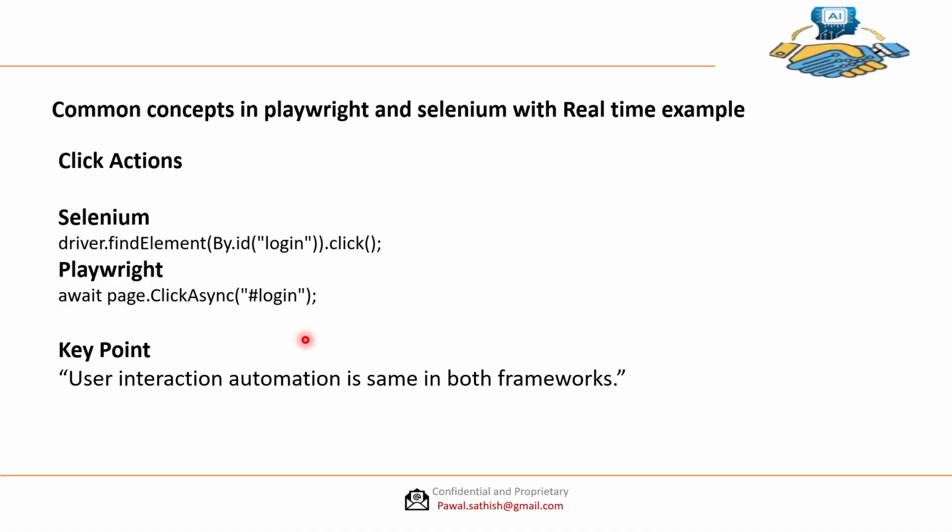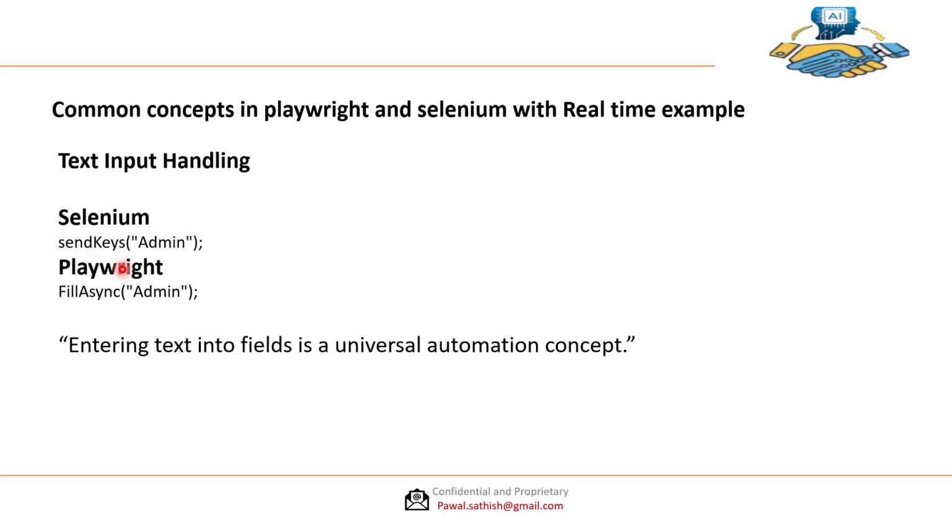So user interaction automation is the same in both frameworks. Next, if I want to enter text, in Selenium we have the sendKeys method and we send a value, for example the value admin. Whereas in Playwright we use FillAsync with admin. Entering text into a field is a universal automation concept.